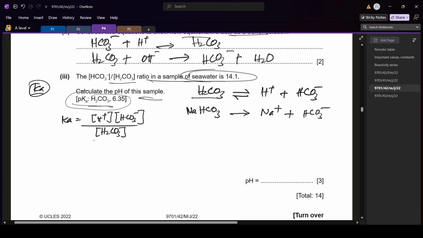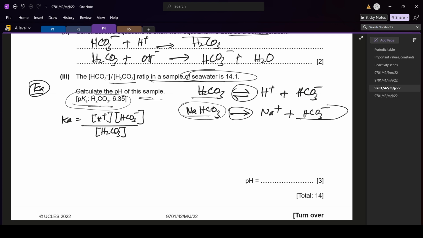From these two equations, you can see that this reaction is reversible and this one is a direct reaction, so all this sodium hydrogen carbonate will decompose into hydrogen carbonate ions. If the concentration of sodium hydrogen carbonate is X, the hydrogen carbonate ion will also have a concentration of X. Here the concentration of H plus ions is not equal to the concentration of hydrogen carbonate ion, because hydrogen carbonate is more here.